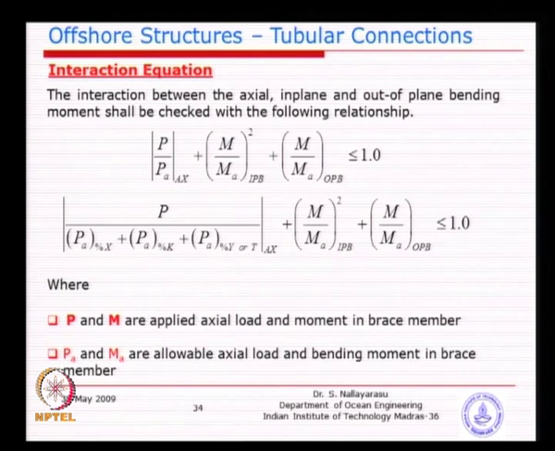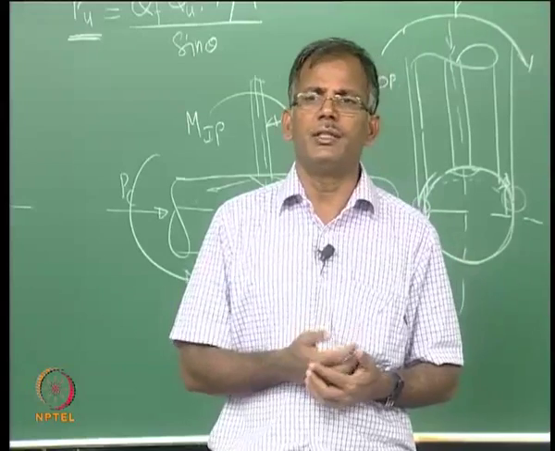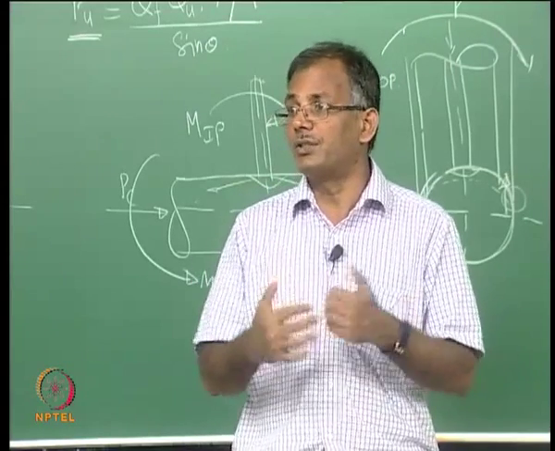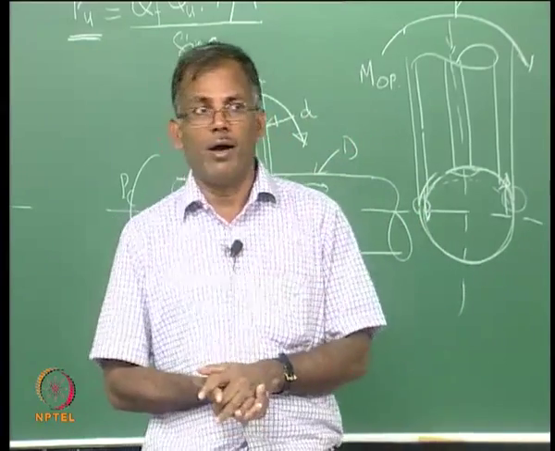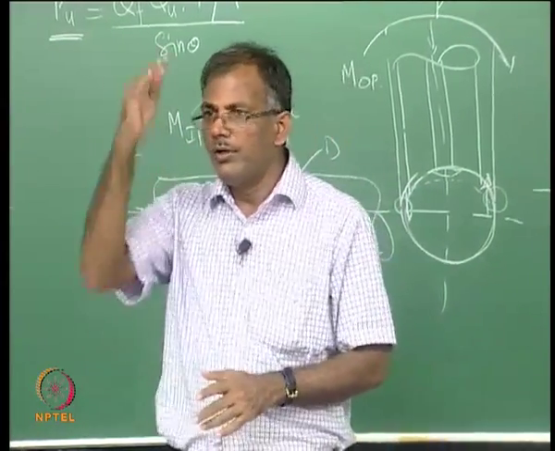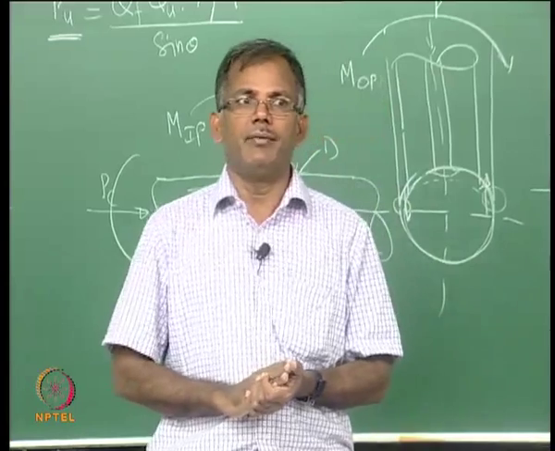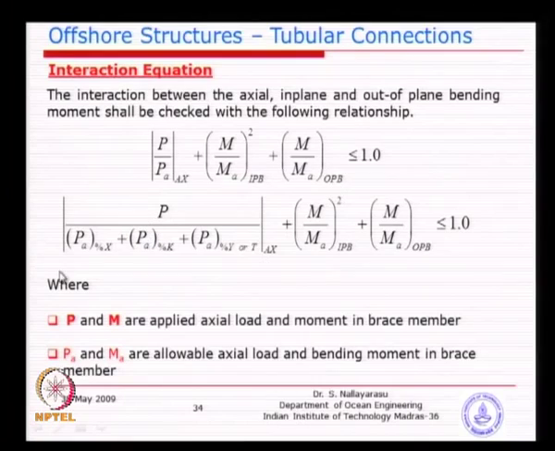Maybe not. As early as 10-15 years back, there were several papers discussing whether it should be this way or it should be the ratio of each category, P divided by P allowable capacity with respect to K, plus P divided by P allowable of the Y capacity. Both will lead to different results, lots and lots of arguments.